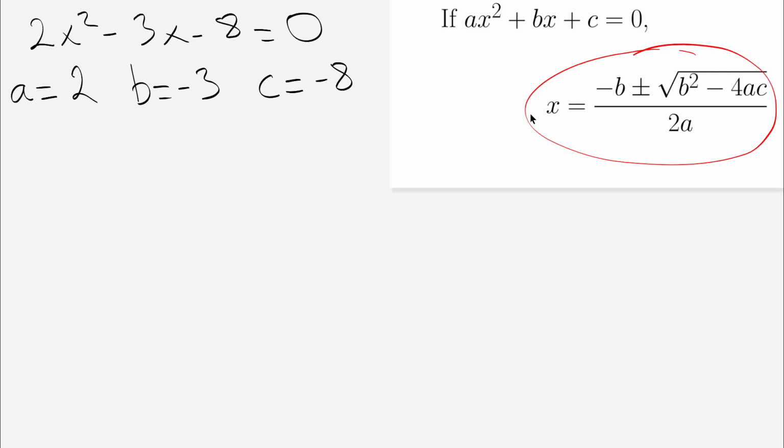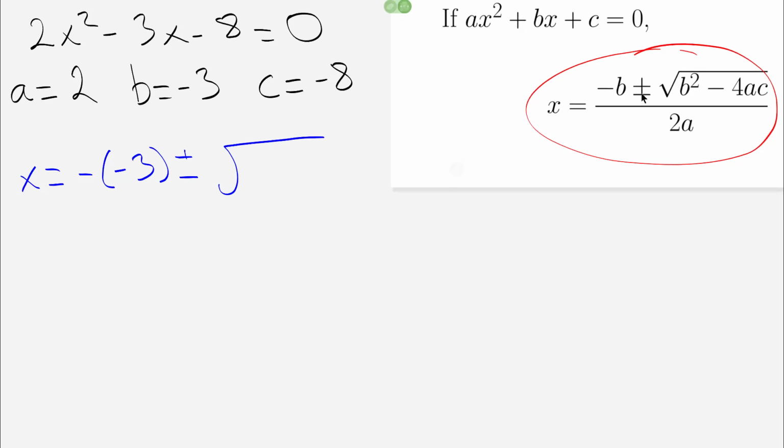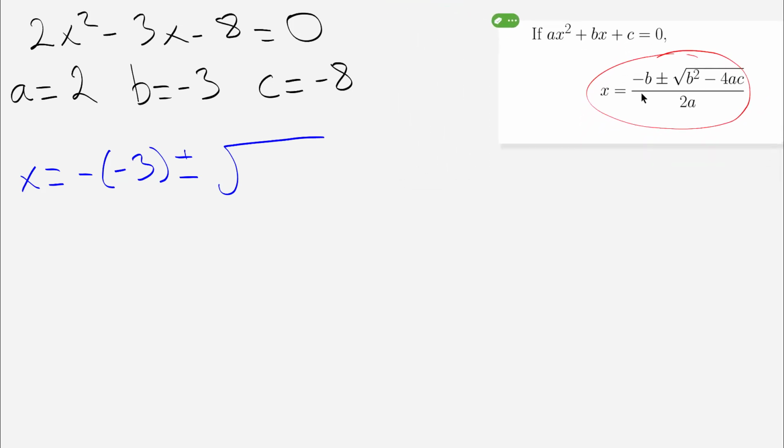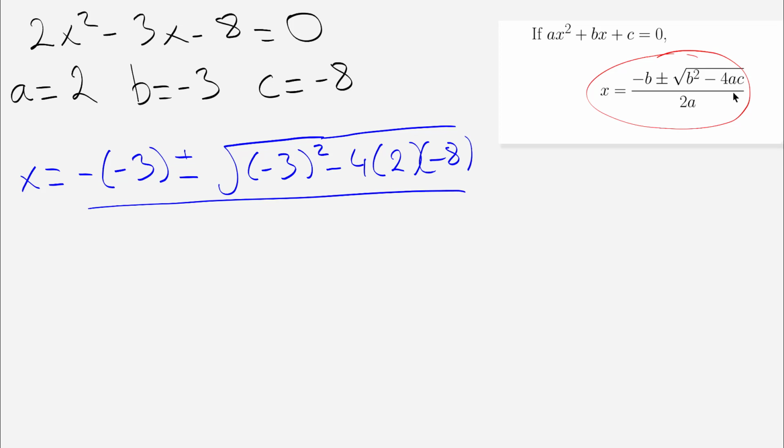So let's have a look. x equals minus b, in our case that's minus 3, then plus or minus the square root of b squared, so b squared is minus 3 squared. Then we've got minus 4ac, which is minus 4 times 2 times minus 8, all over 2a, all over 2 times 2.